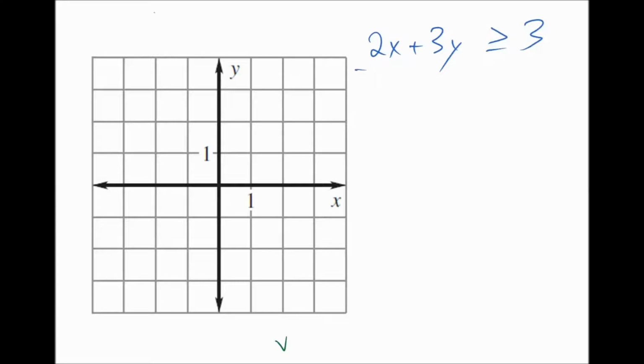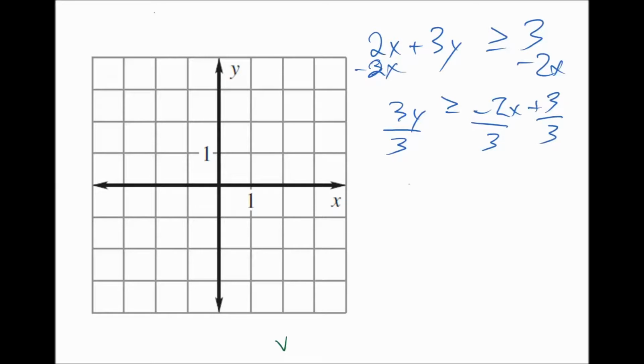So let's subtract 2x: 3y is greater than or equal to negative 2x plus 3. Then we divide by 3, because we need y by itself. So this line is y greater than or equal to negative 2/3 x plus 1. That's something we can draw.